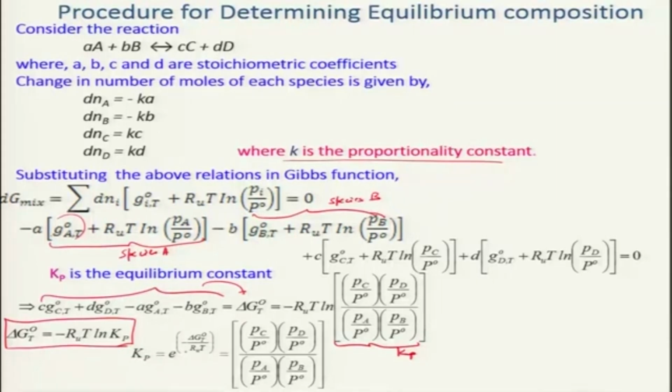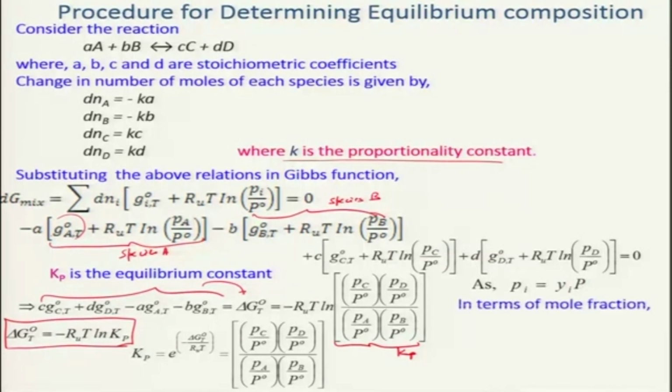Of course, I can say that Kp is equal to e to the power of that ln term, which is nothing but this portion. Keep in mind that Pi is nothing but Yi P, which we have already seen.